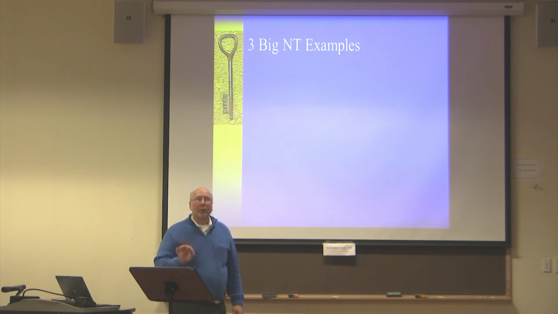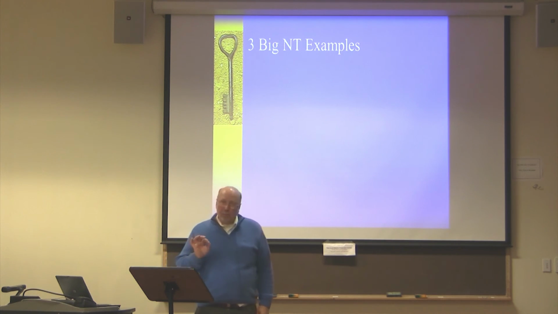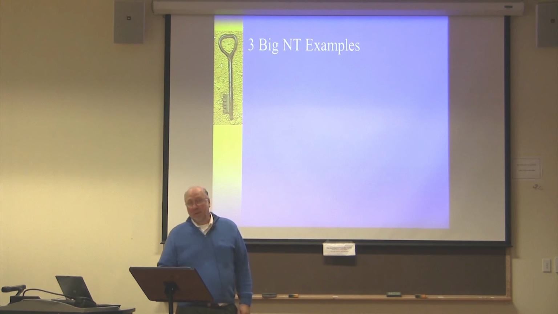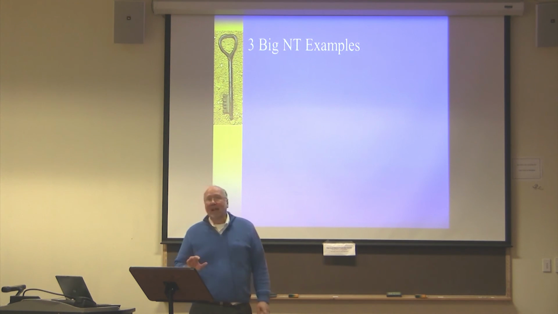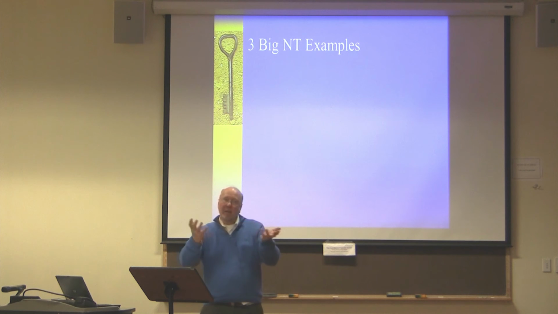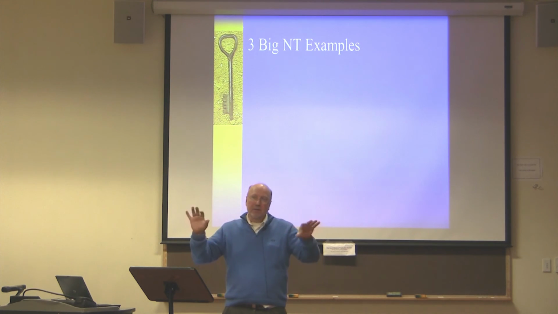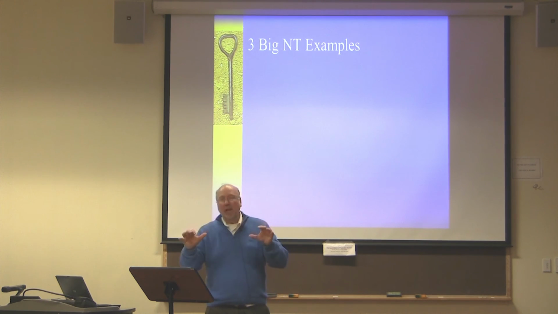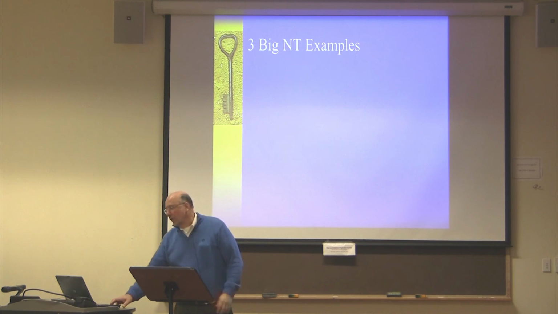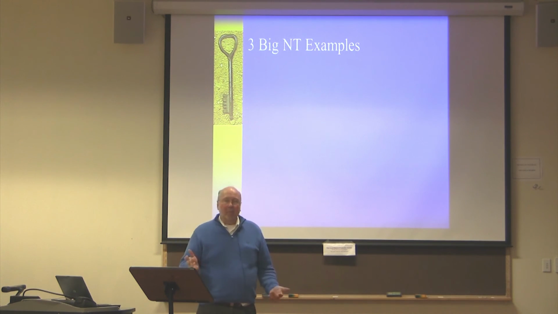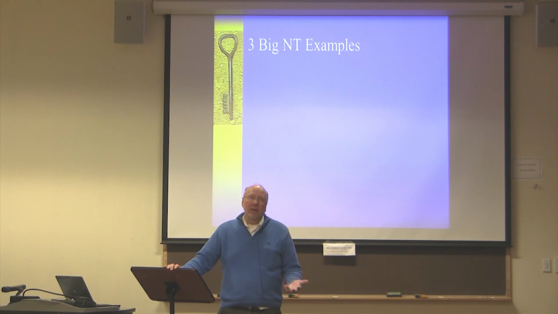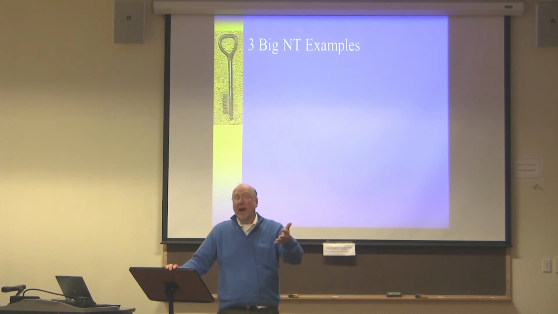Now, there are three big examples of problem text in the New Testament. These are where the manuscripts disagree with each other. We've got 5,000 manuscripts, and there are three places that are big and crucial. Most of the problems between the manuscripts don't amount to a hill of beans. Most of them are the difference between spelling T-H-E-I-R and T-H-E-I-R variants.